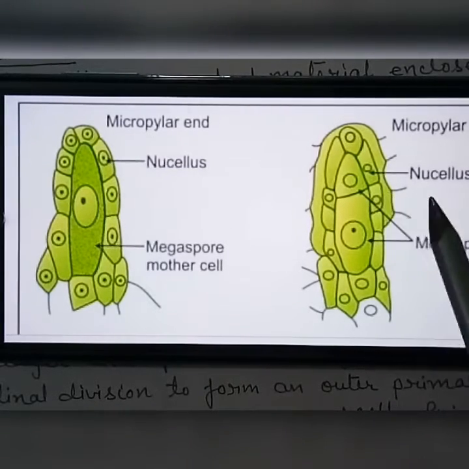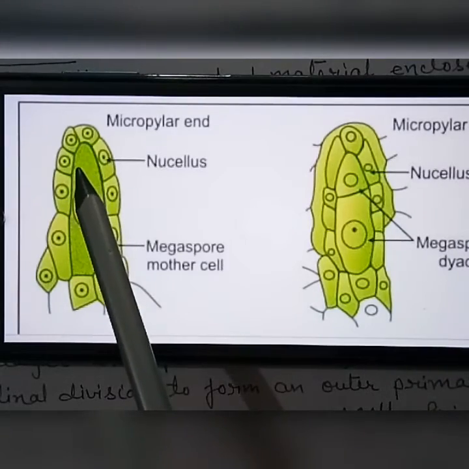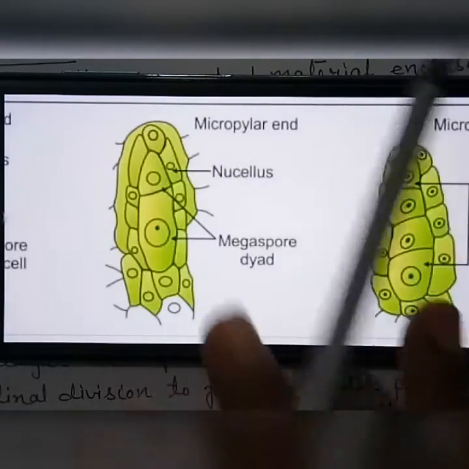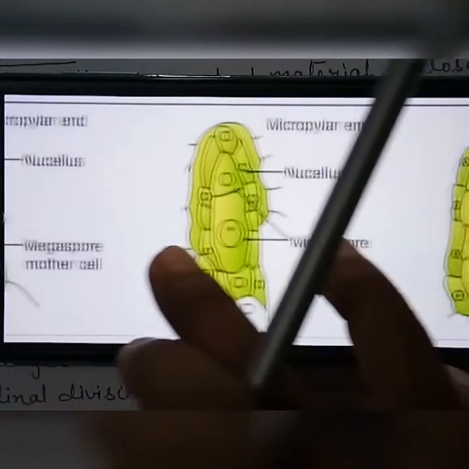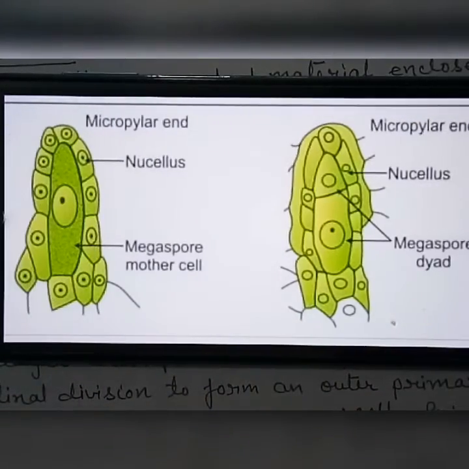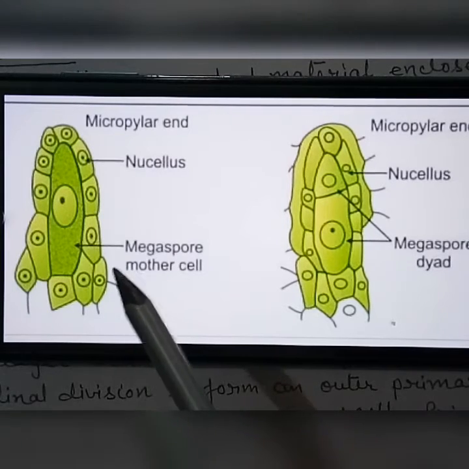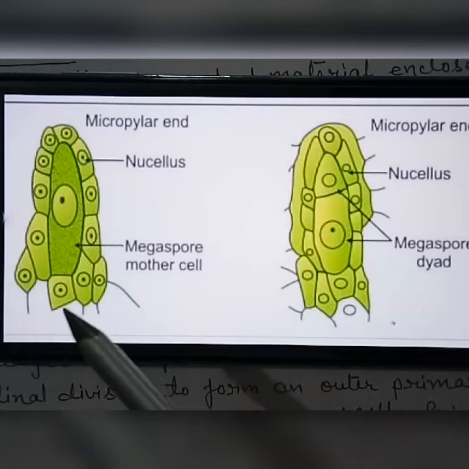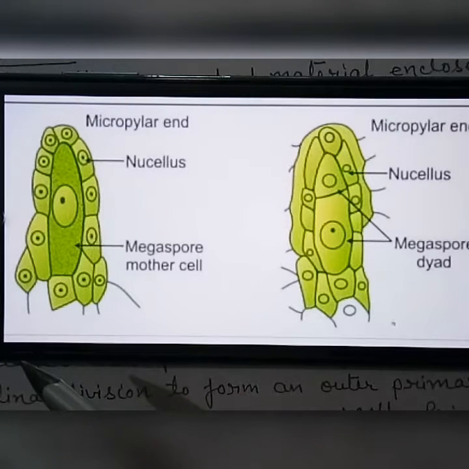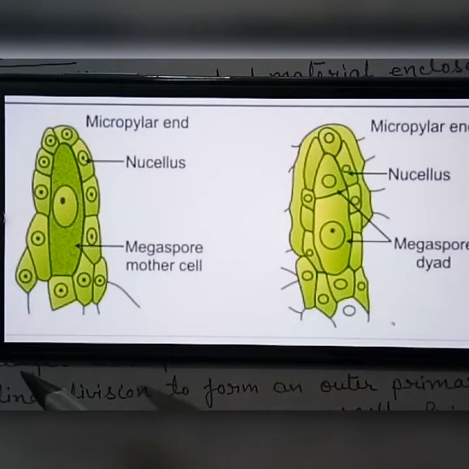That is the primary parietal cells. And another cell that forms toward the center of the ovule forms the primary sporogenous cells.